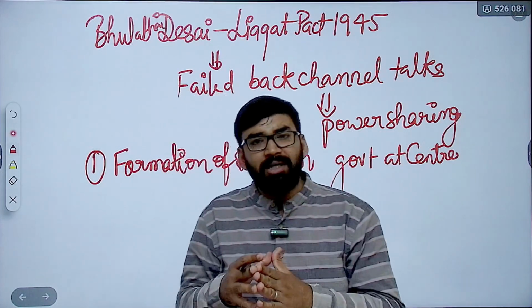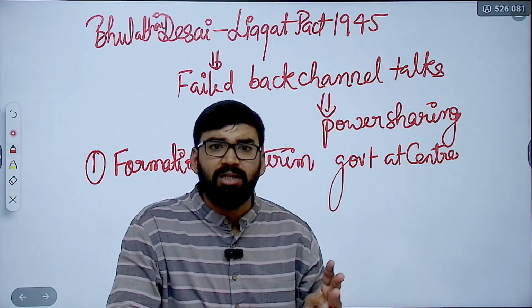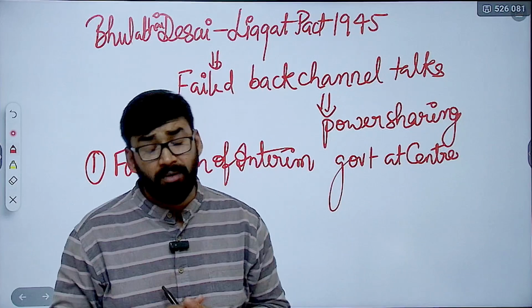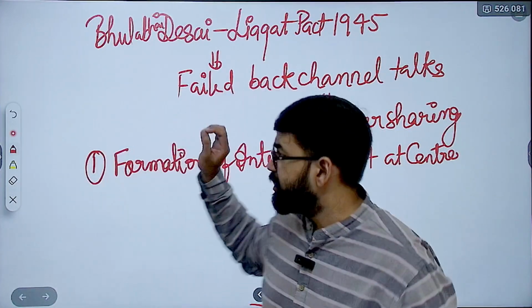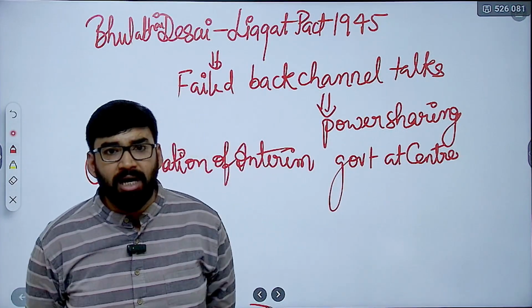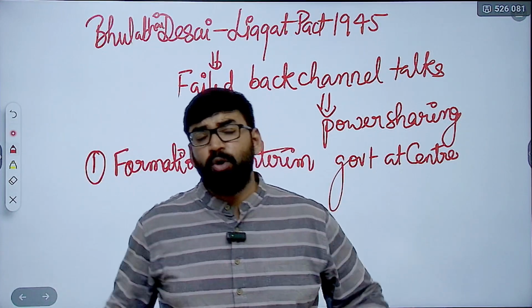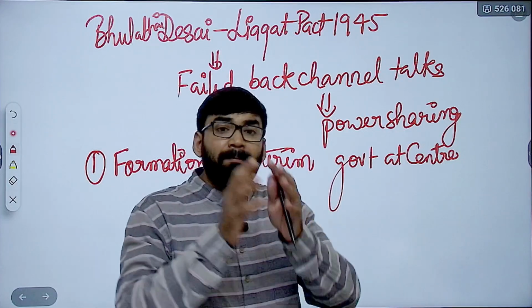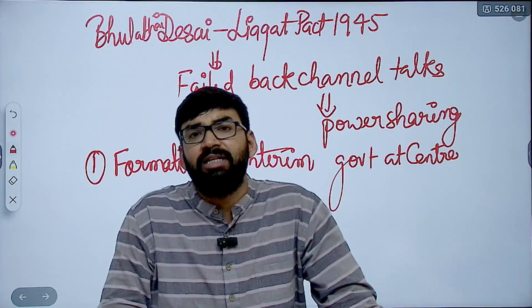Then equal participation of both parties in the executive council, that is the cabinet and administration of the country. The League would suspend the demand for Pakistan temporarily and cooperate with Congress. And both parties, Congress and Muslim League, would jointly press the British for full independence after the Second World War.